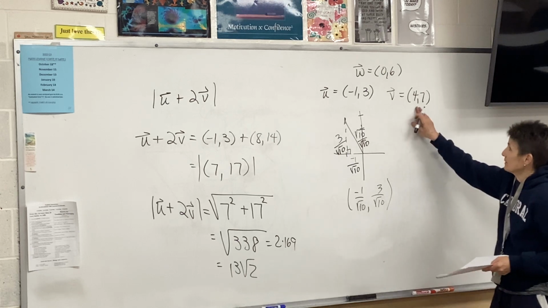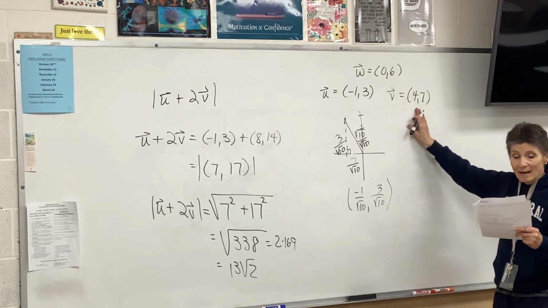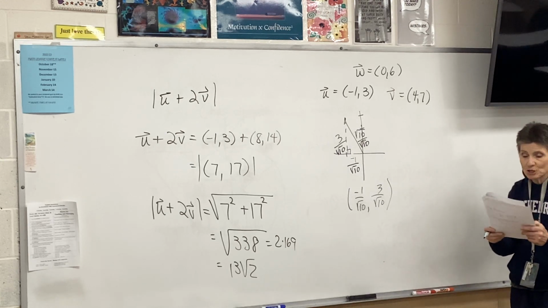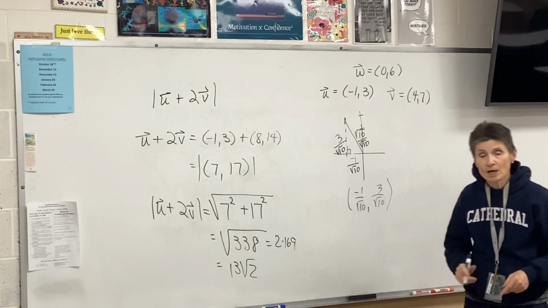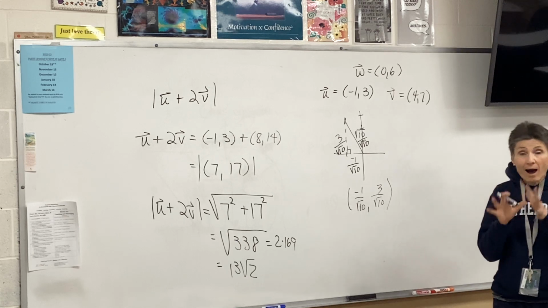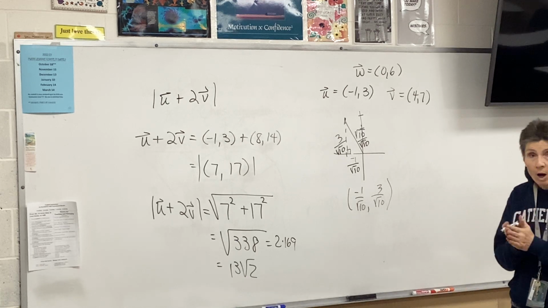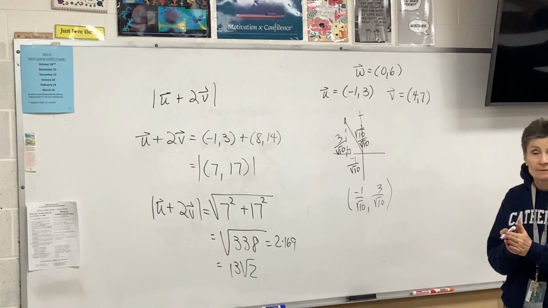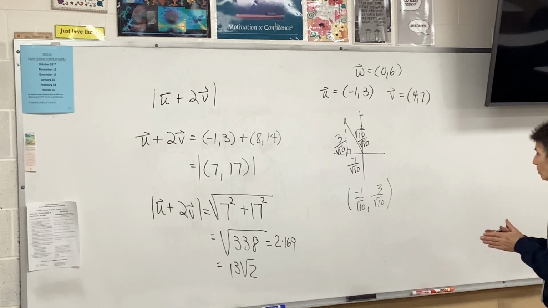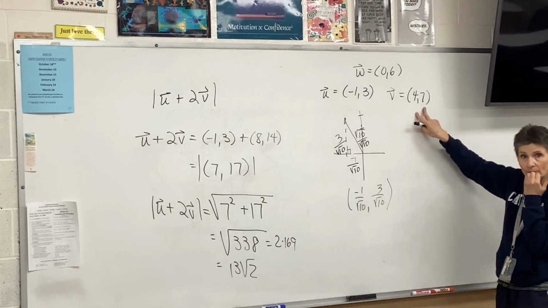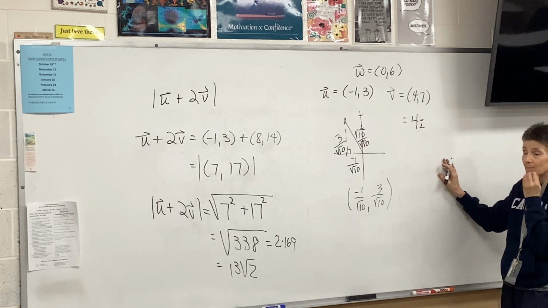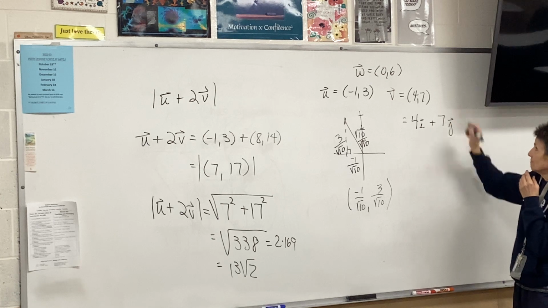All right, here's vector v. We're supposed to write it, oh my, this sounds so fancy, as a linear combination of i and j. A linear combination of i and j. Now remember, i is simply one horizontal step. That's i. j is one vertical step. So, if these are the coordinates of the vector, then it is taking 4 horizontal steps and 7 vertical steps.